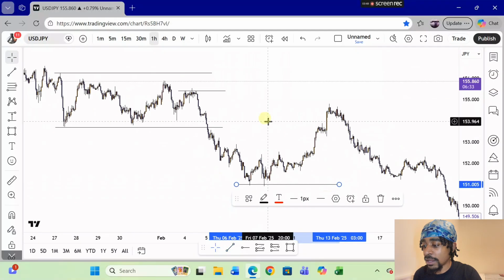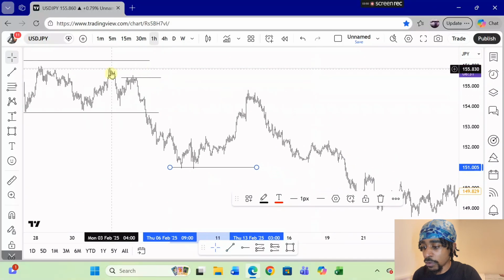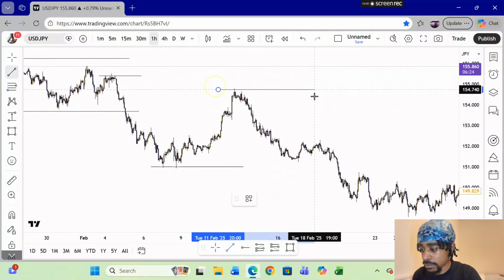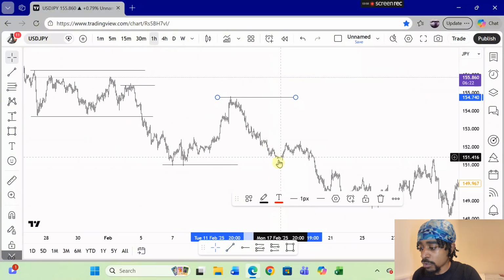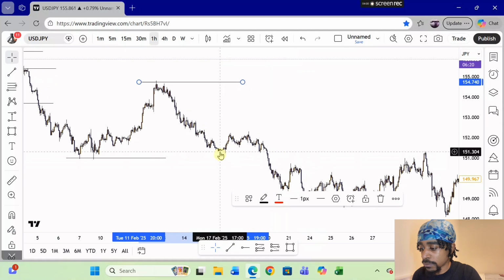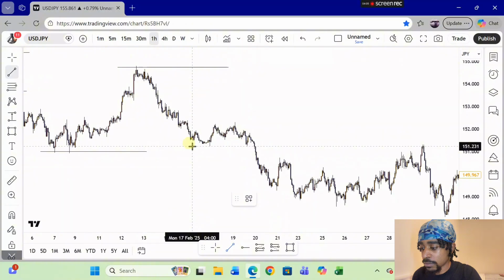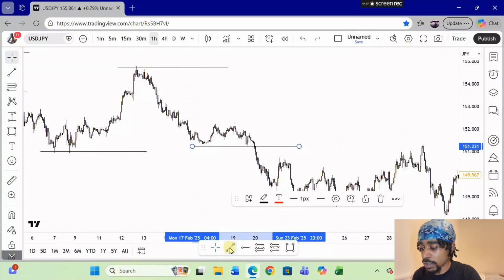Now price is in a downtrend because we've got lower highs, lower low, lower high, equal low, a small period of consolidation before again continuing the downtrend.